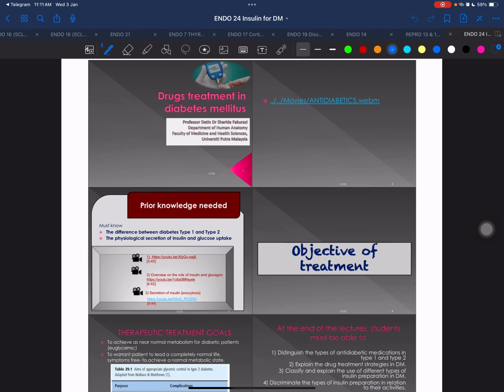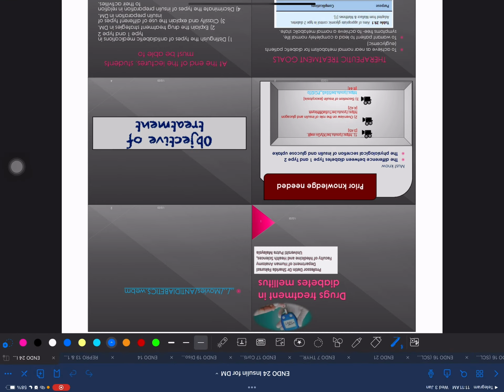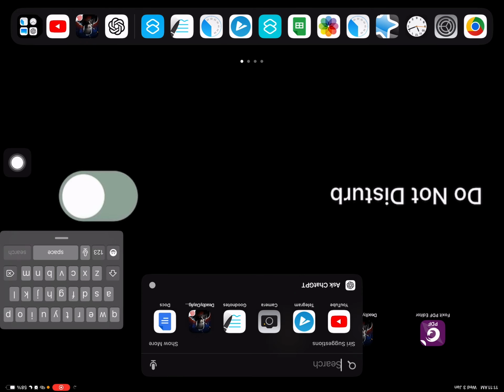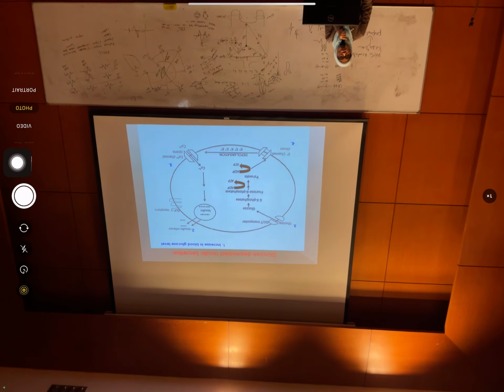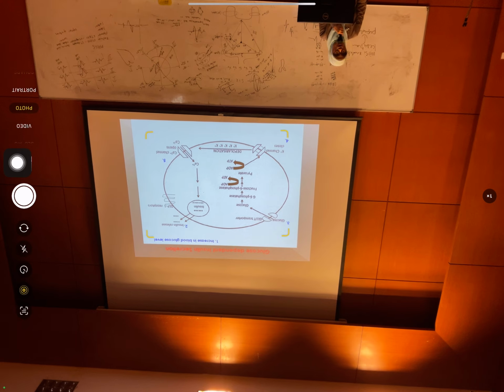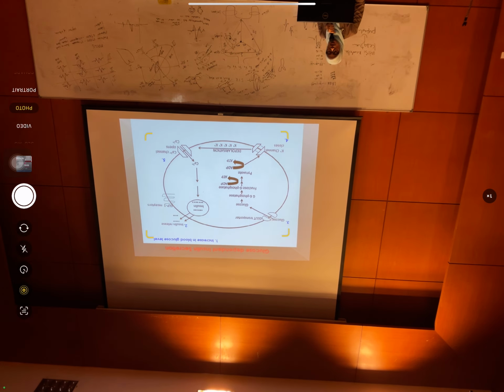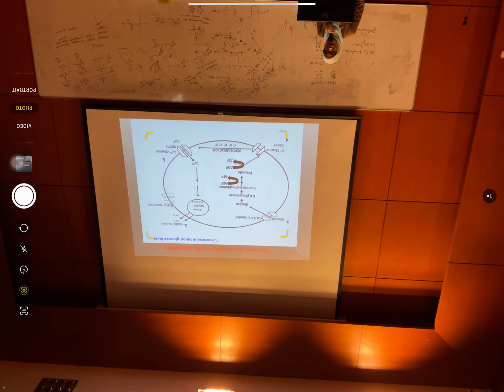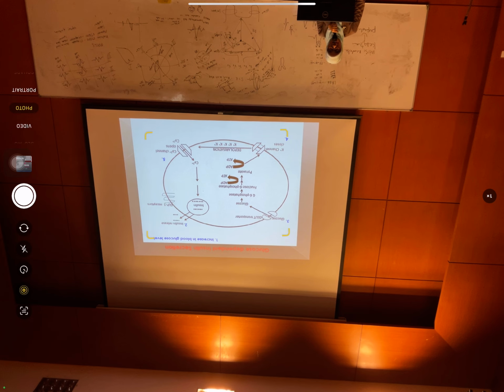Okay, as glucose enter, there will be changes of ADP to ATP, and then there will be closure of potassium channel. ATP sensitive potassium channel, and then after that it will activate calcium channel. Okay, so activate the calcium channel, opening of the channel, calcium masuk, then insulin will be released.